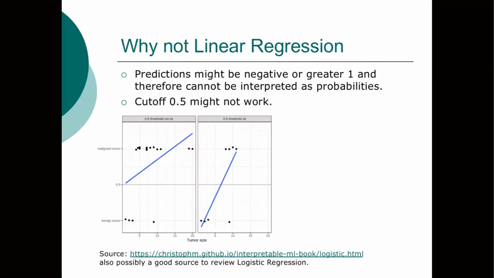So that's bad enough. But what is even worse is shown in this graph here. Let's start with where it works fine. The blue one is our regression line. So here's 0.5. Everything left of this line has a value of smaller than 0.5 and would be predicted as 0.